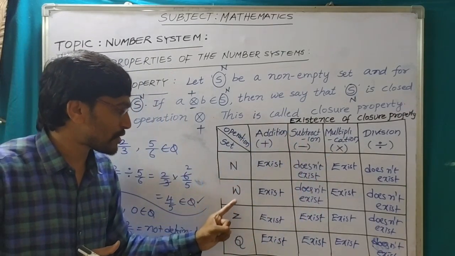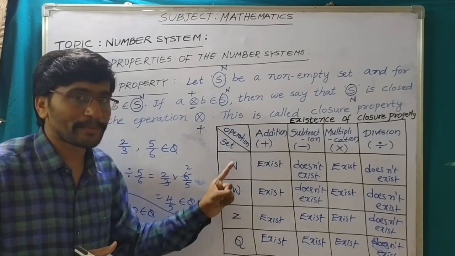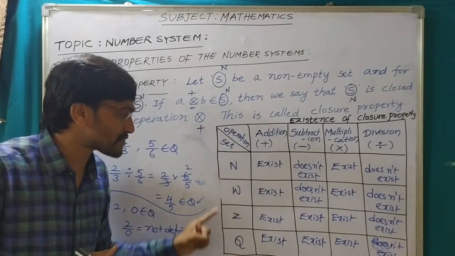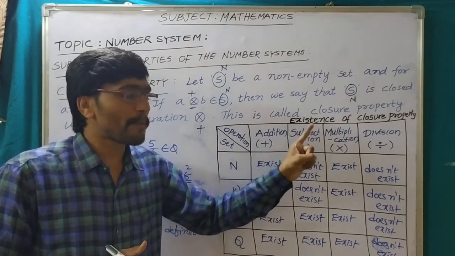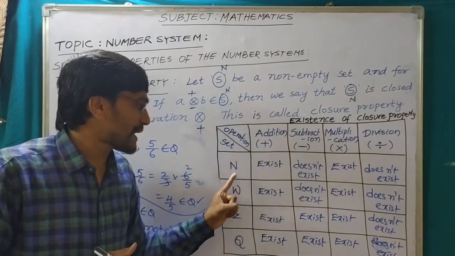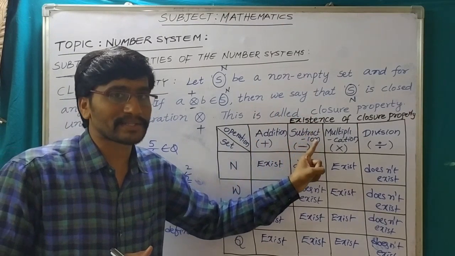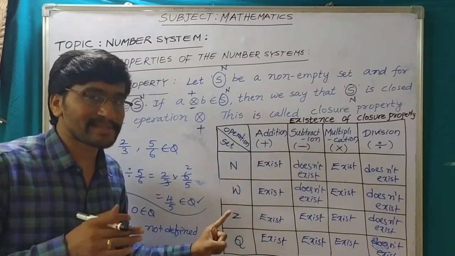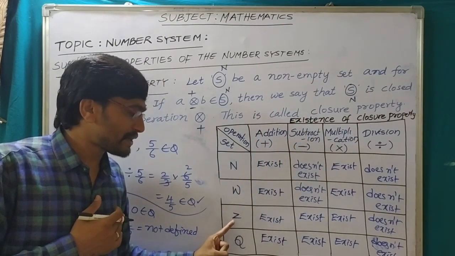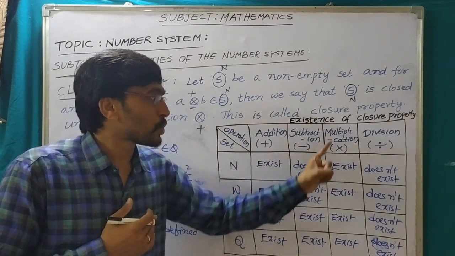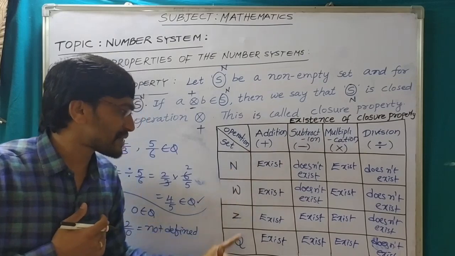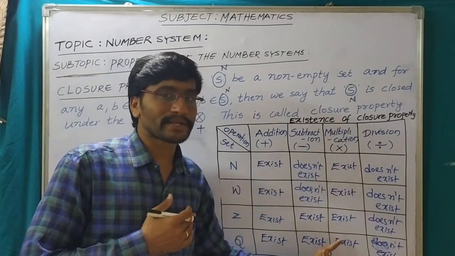In natural numbers, whole numbers, integers, closure property exists for all these number systems under addition. Closure property does not exist for natural numbers and whole numbers under subtraction. Closure property exists for integers and rational numbers under subtraction. Closure property exists for all these number systems under multiplication.